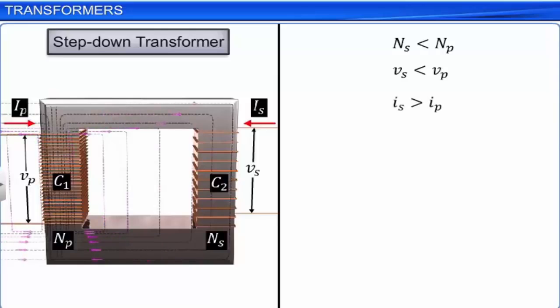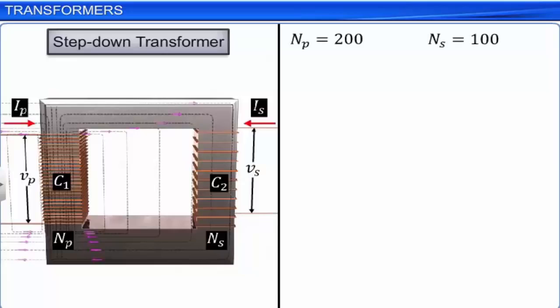For example, if the primary coil of a transformer has 200 turns and the secondary has 100 turns, NS by NP is equal to half and NP by NS is equal to 2.